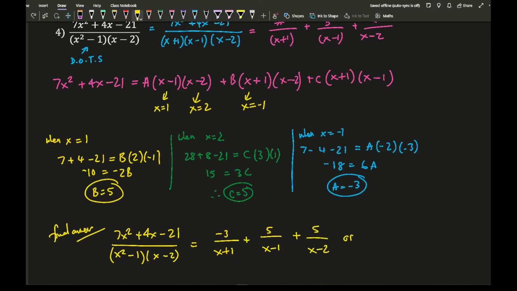And again, you could shuffle the fractions around so you're not starting off with a negative. As long as the numerator is correct, everyone should be happy, and there are your final answers.